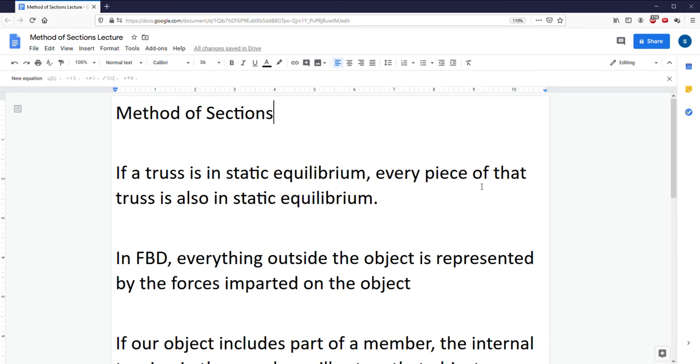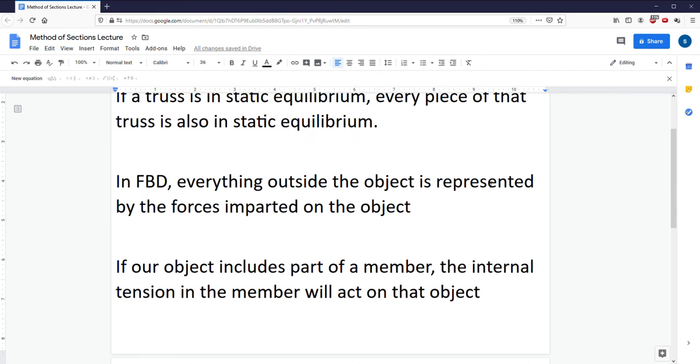However, a section is not a point like the joint was. A section is spread out, which means that the forces have locations, which means that forces can create moment. And so we will also need to find the net moment on these sections and set them equal to 0.